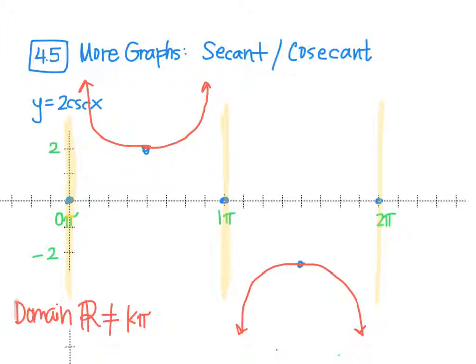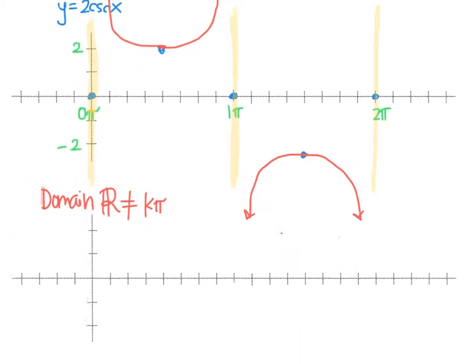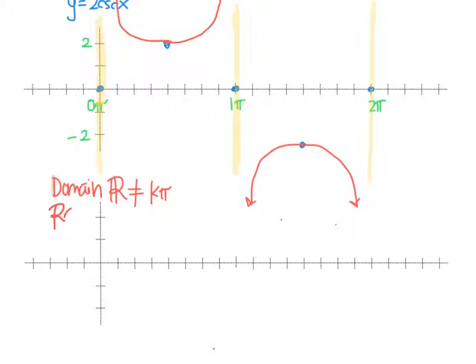And then if we kept going, the pattern would continue. There'd be an upper section and a lower section, an upper branch and a lower branch, over and over again. Okay, it's a repetition. All right, so now we need to talk about range. I'm going to go to the whiteboard a minute to show you something about range.